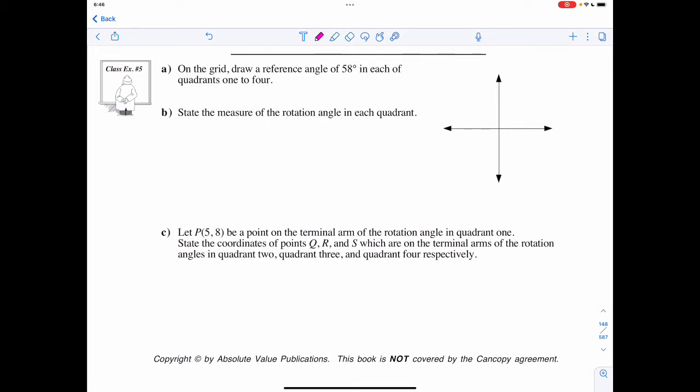Now, because we have 4 quadrants, we have 4 positions where we could have the same reference angle. If it's asking for a reference angle of 58 degrees, then I could have that occur in quadrant 1.